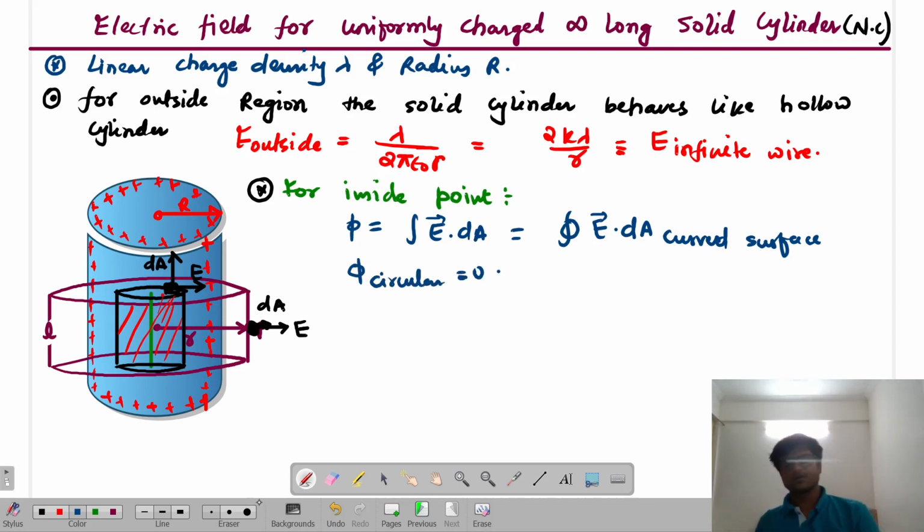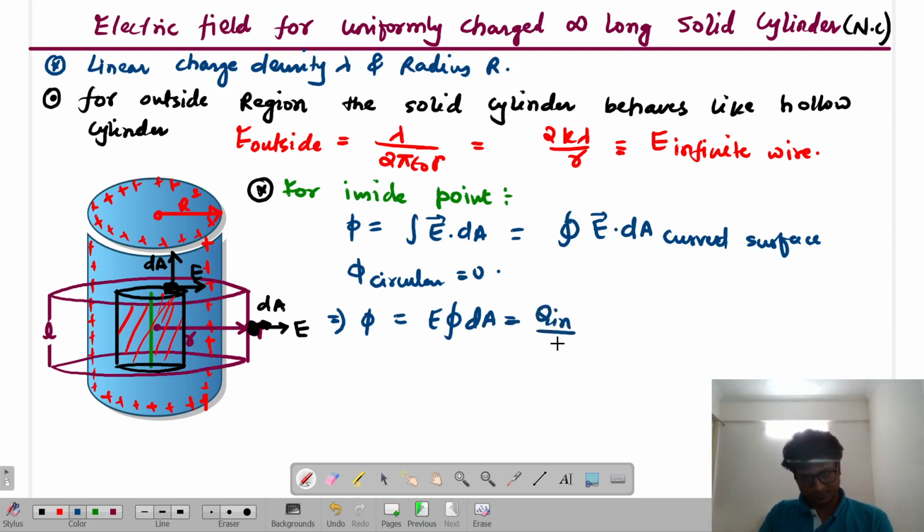Are you able to get me or not? So this implies flux is equal to integral E dot dA. E dot dA is E integral dA, because once again it is a cylinder. So I'll take the curved surface area, isn't it? That must be equal to charge enclosed by epsilon.